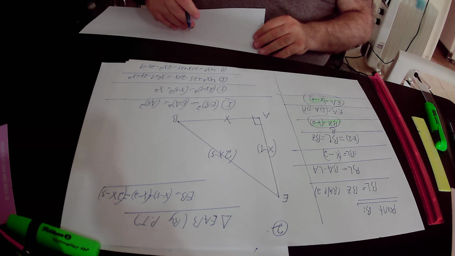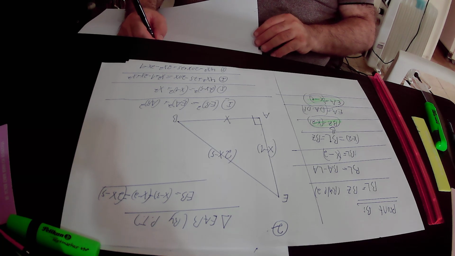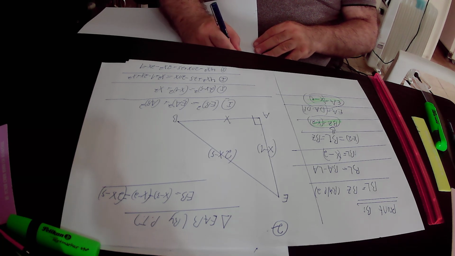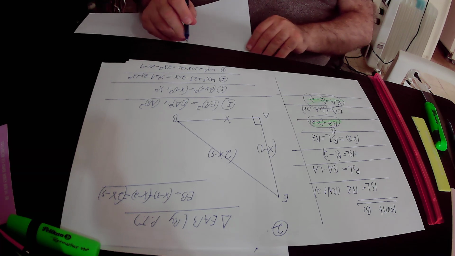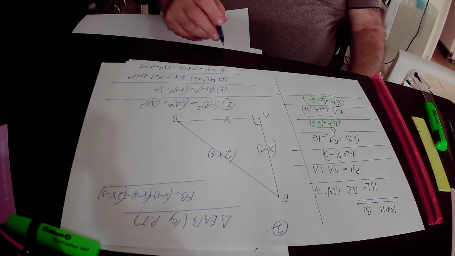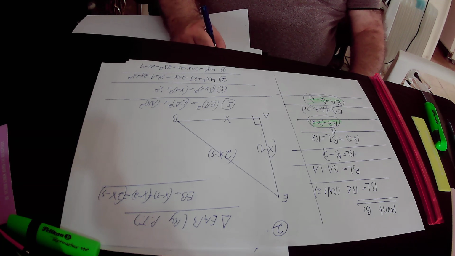So according to equation number 1, here we subtract 2x squared from this equation number 1, and we get that 4x squared minus 2x squared is 2x squared.